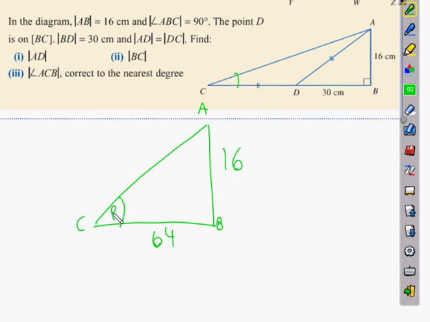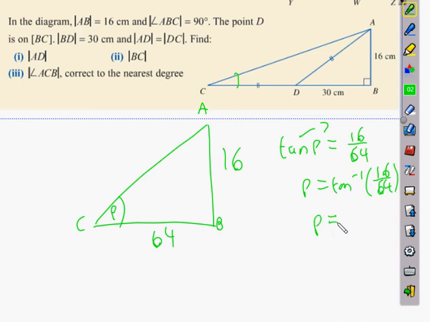You want to find the value of the angle. So tan P equals 16 over 64, and then you bring the tan over to the other side. So tan inverse 16 divided by 64, and what do we get? 14 degrees. How many people got 14 degrees?